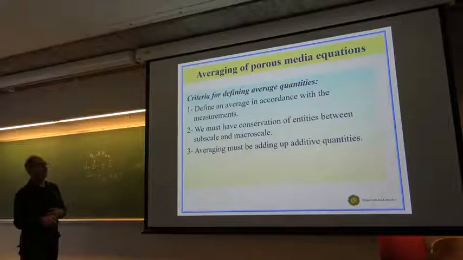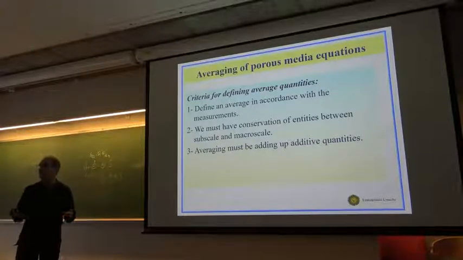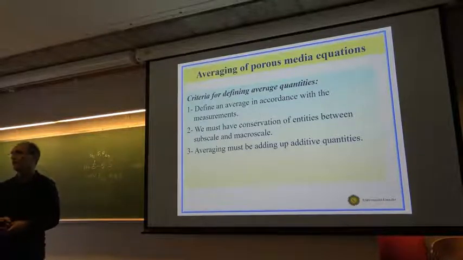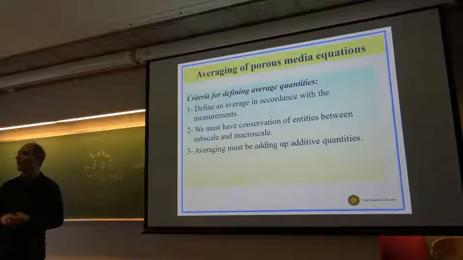Averaging must be adding up additive quantities. You cannot just average everything you want. For example, you find average temperature over a medium defined as the integral of temperature times volume. What is temperature times volume? It's not a physical quantity. You cannot add it up. So that's not physically meaningful. Statistically, it's meaningful, but it's not a physically meaningful quantity. Or velocity times volume.